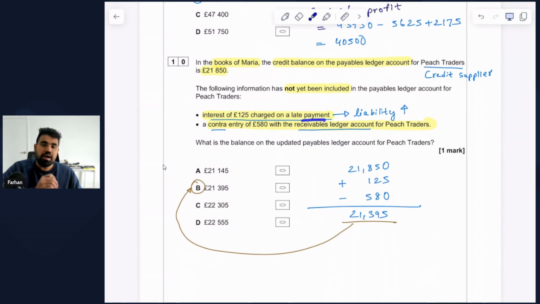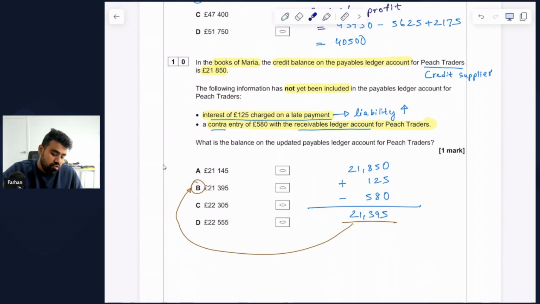Because Maria has still not paid, Peach Traders is charging an extra amount for the delay, and that means liability should go up. Therefore, we start with the opening balance, which reflects what Maria originally owed, and then we add an additional 125 to reflect the excess interest that Peach Traders is charging because of the delay in payment.